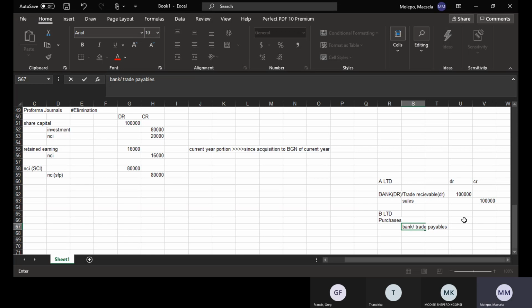This one will be the 100 on the debit side and the 100 on the credit side. So now for B Limited, the purchases were purchased from who? From A. And then this one was sales to B.